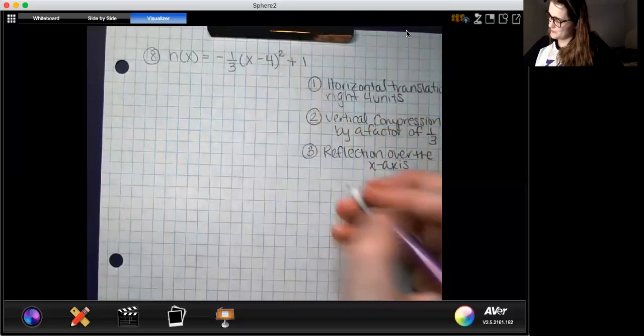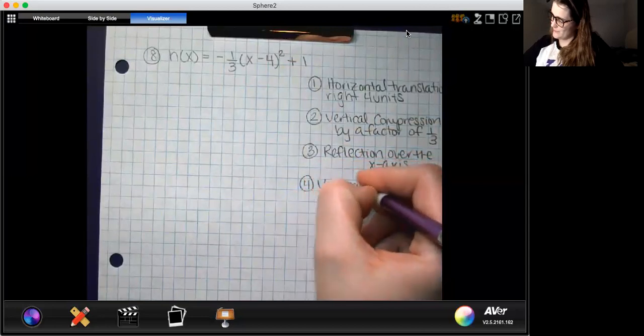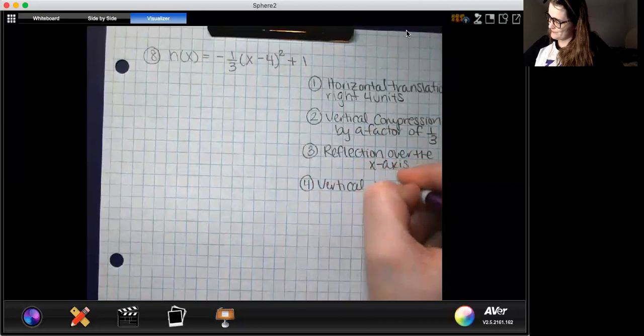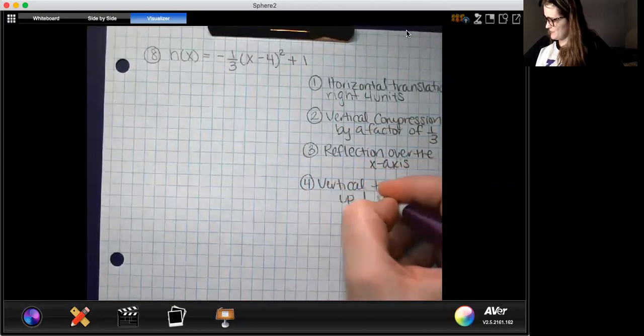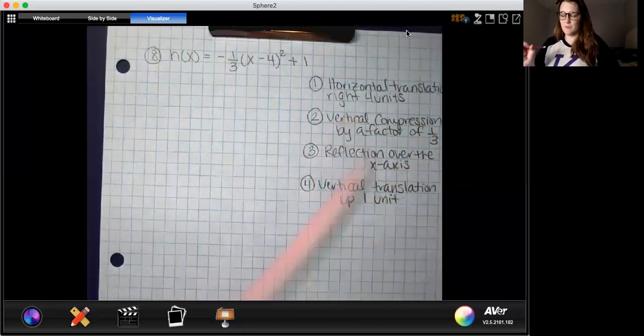And last but not least, we have our vertical translation up 1 unit.